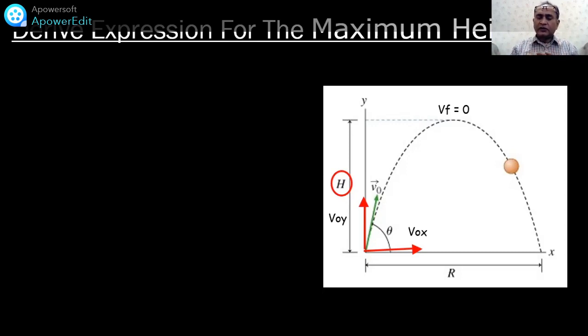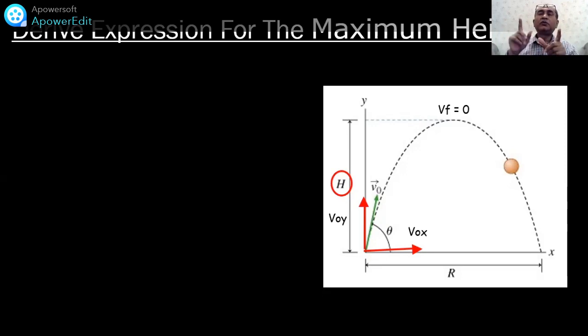So for this derivation for the maximum height, we will consider the vertical component of the velocity. And the most important part, for this derivation you will need the formula 2as is equal to vf square minus vi square. This you should remember.